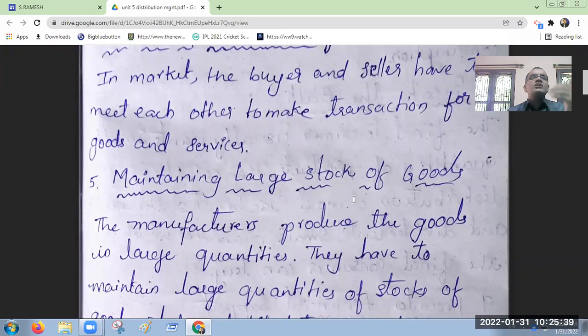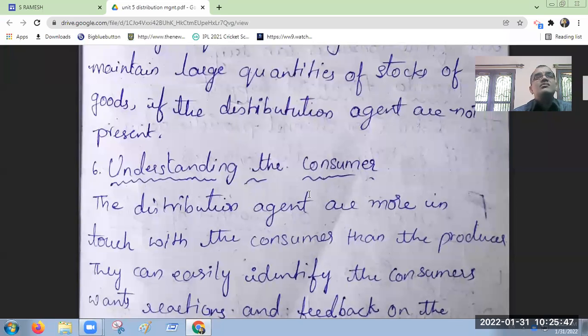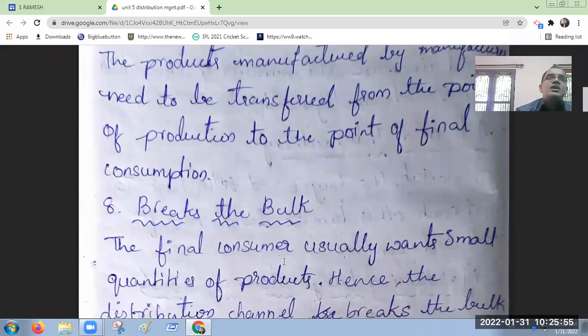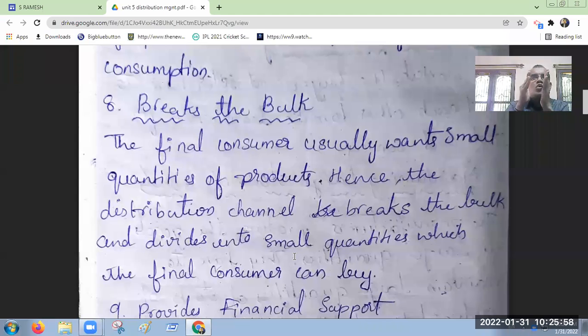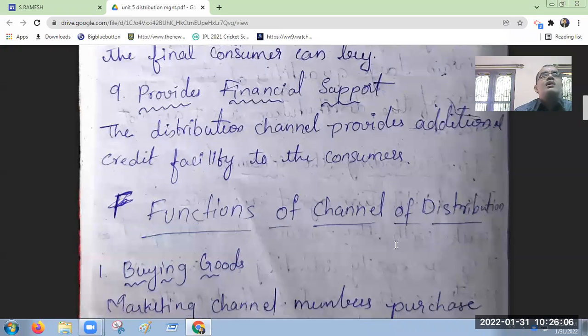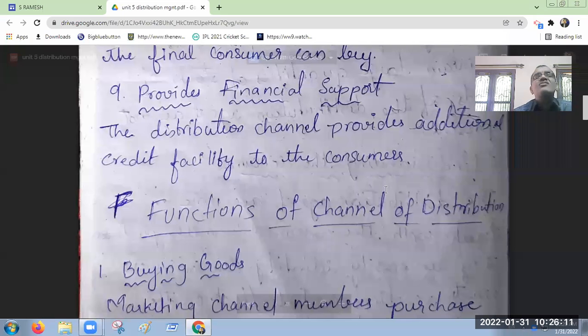The producer, the manufacturer, the maker of the good, need not maintain a large stock of goods. Channels of distribution play a role in reducing the distance between producer and consumer. They play a role in breaking the bulk: the whole lot will be divided into smaller parts. And channels of distribution provide financial support to the customers as well as sometimes to the manufacturer also. That is the role played by channels of distribution.